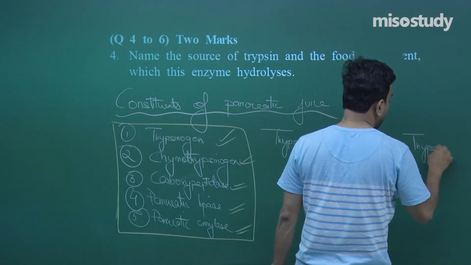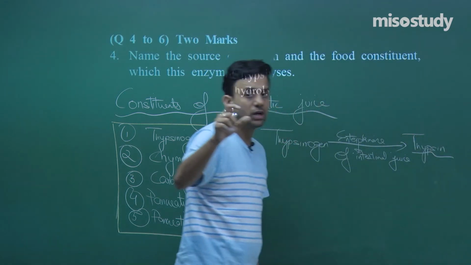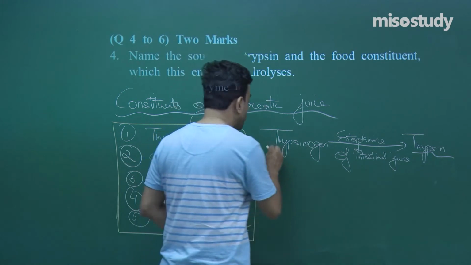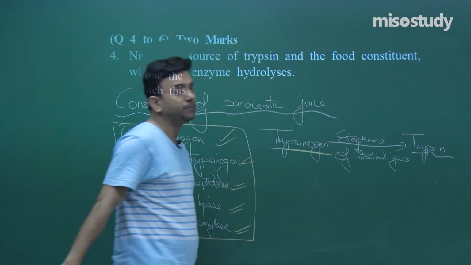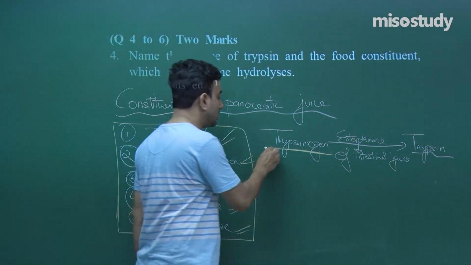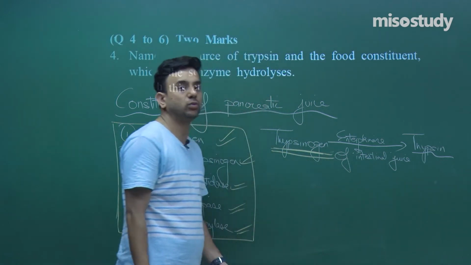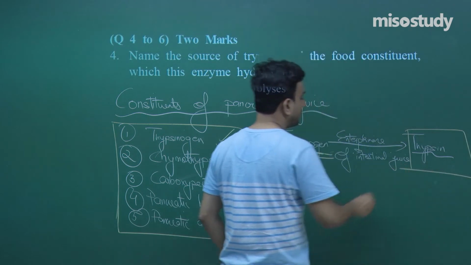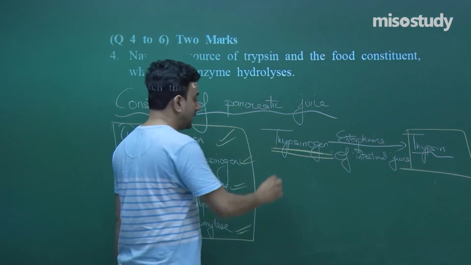Trypsin has autocatalytic action. Once trypsin is formed, it will stimulate the other trypsinogen present to form trypsin.